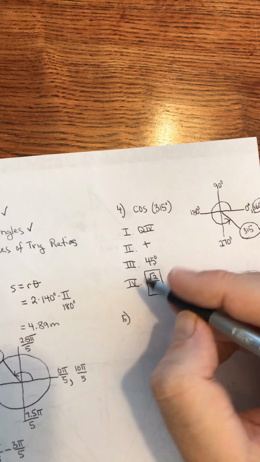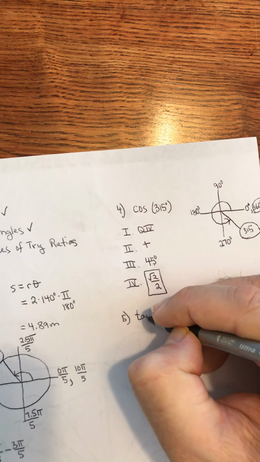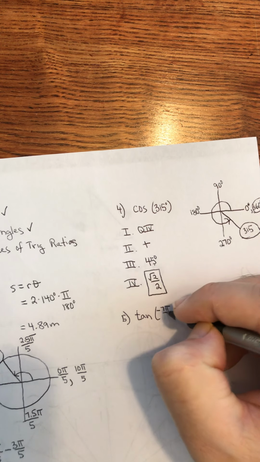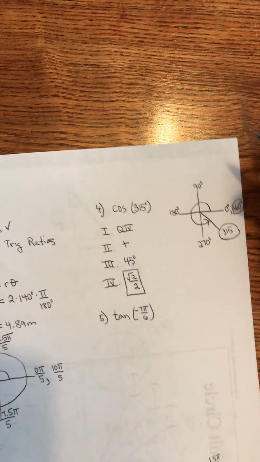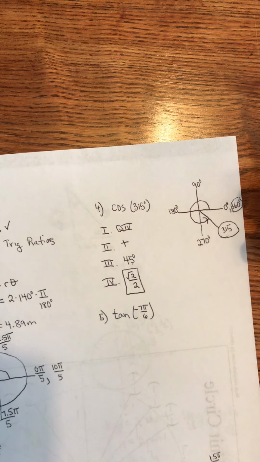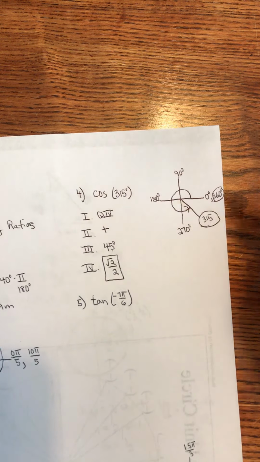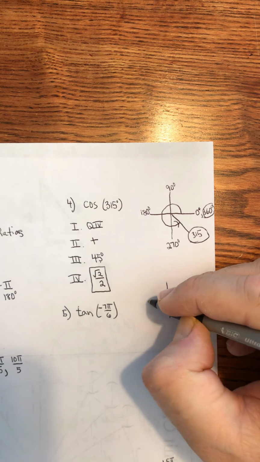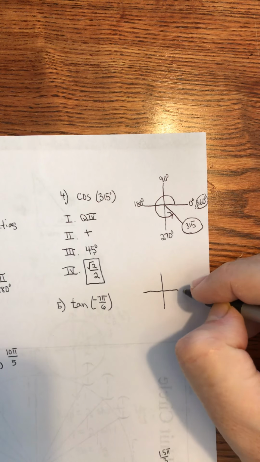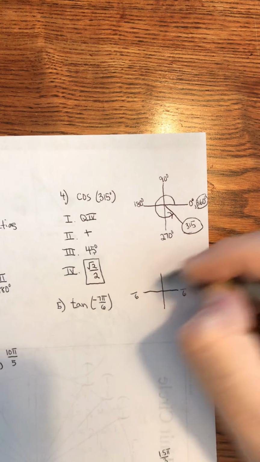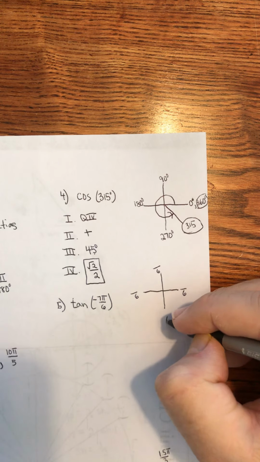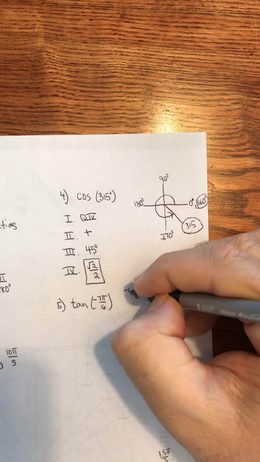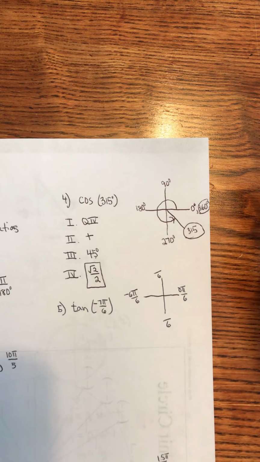One more. Good practice. Tangent of negative 7 pi over 6. Now if you have a little trouble with radians, you can always convert to degrees if you're really good at degrees, but I'm not going to do that here. 6 on the bottom every time, 0 on the top here, but these are negative, so this would be negative 6 pi.